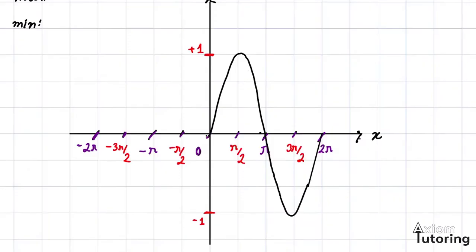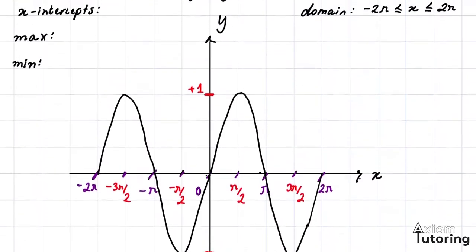And if we try the other side, it's coming down to -1 at -pi over 2, crosses the x-axis at -pi, maximum value at -3 pi over 2, and then back at -2 pi. So something like this should be fine, okay? But it should be as close as you can get it to a smooth continuous curve for our sine graph.